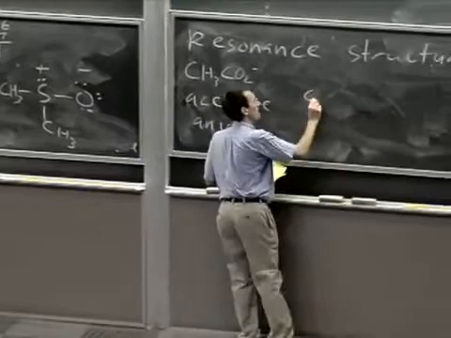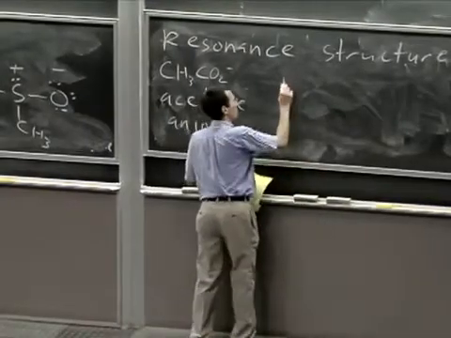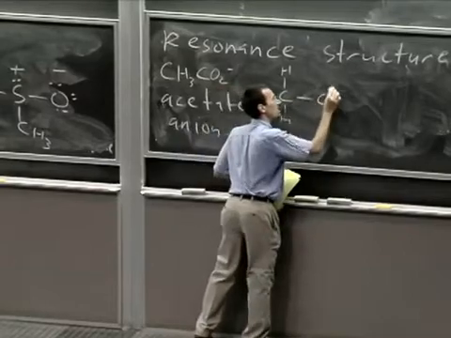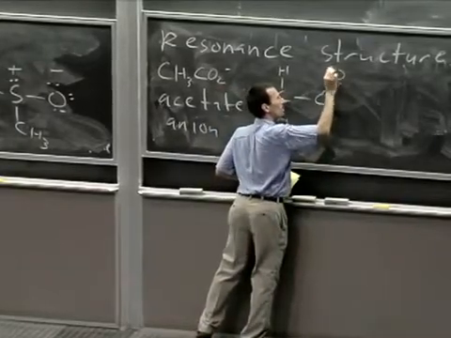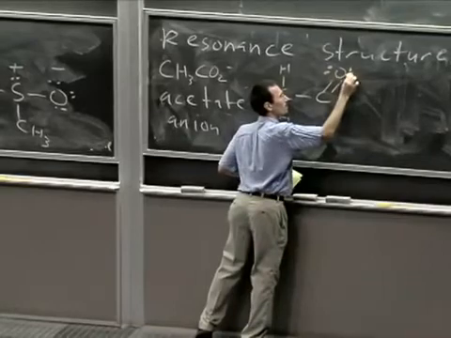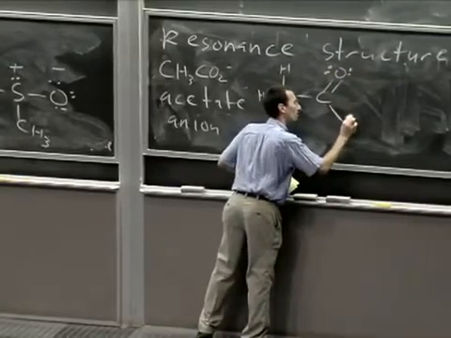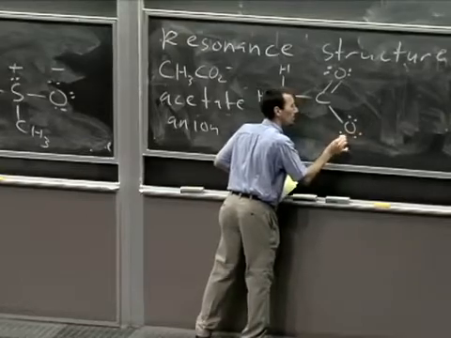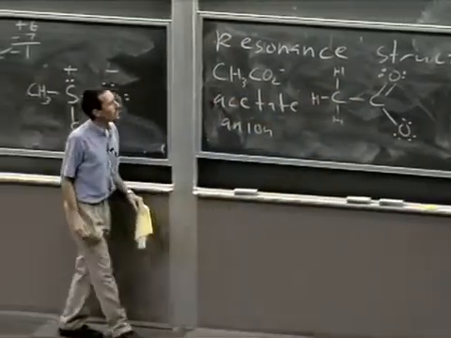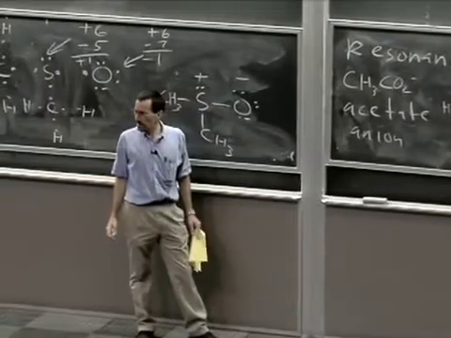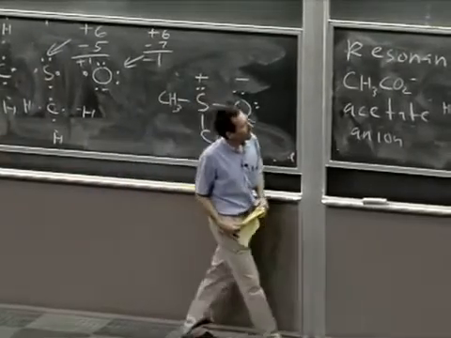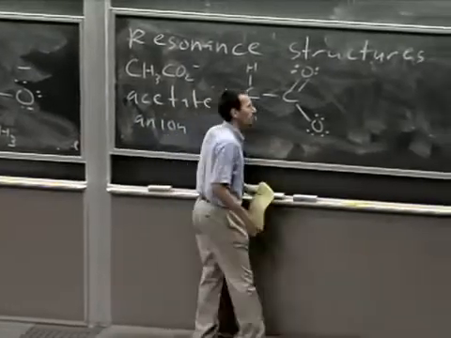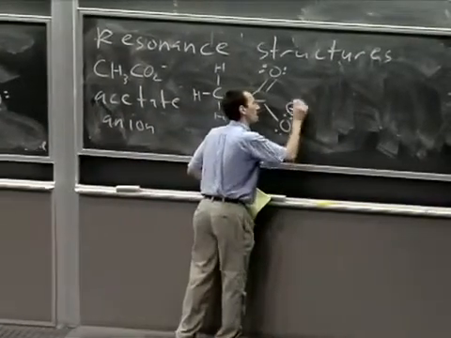And so I can write a Lewis electron dot structure of acetate like so. And this molecule does have a charge. The formal charge is on this oxygen. I'll write negative.